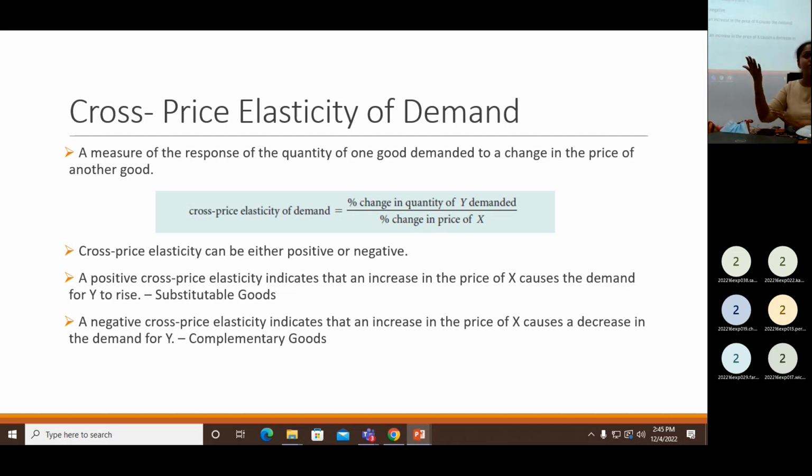So if the batteries are too expensive, for any product which uses batteries, you reduce the demand for that product. Is that clear? Because those are complementary goods.